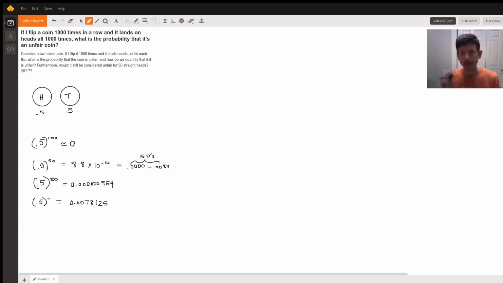So the takeaway from observing all of those values is it's becoming more likely that we might observe that sort of outcome on a fair coin. For example, 7 outcomes has higher probability than 20 straight heads as an outcome.